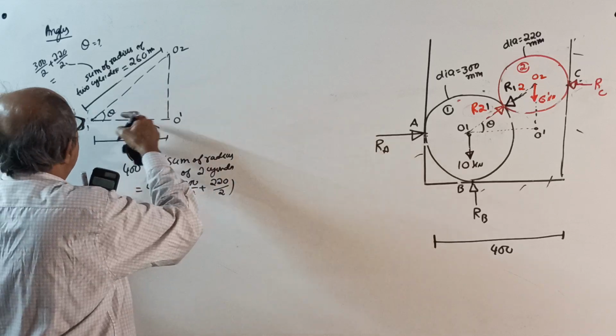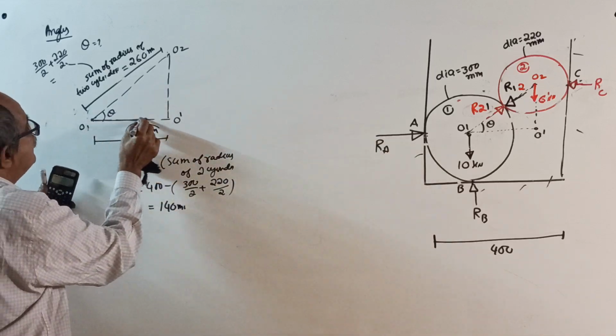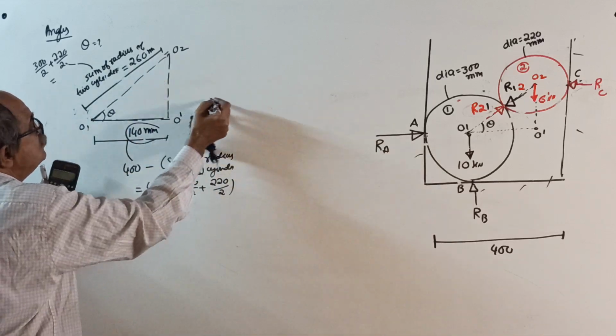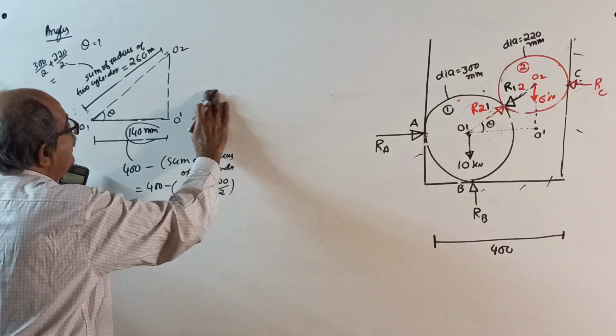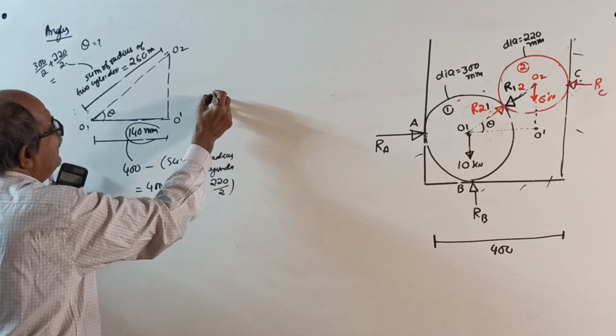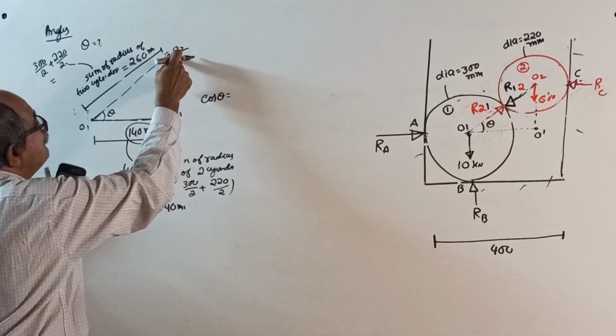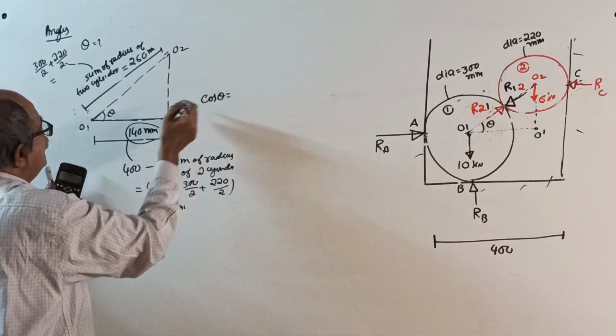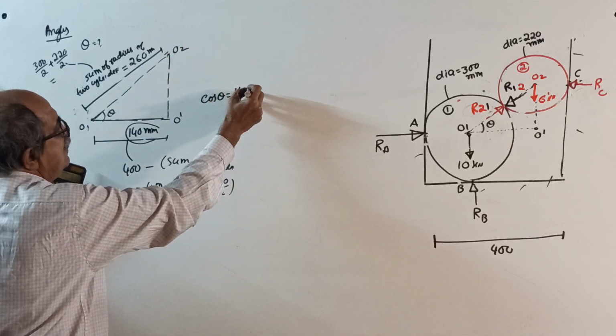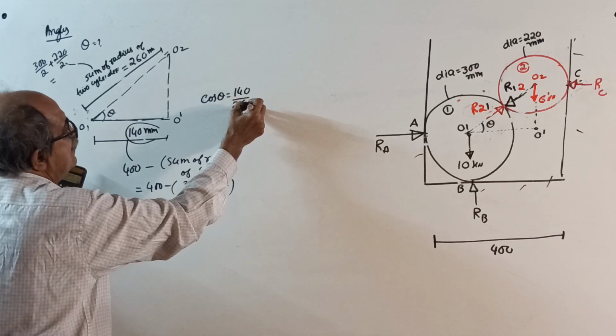Over. Now you know this length. Use sin theta. Not sin theta, sorry, you should use cos theta. Common sense. Don't waste time finding this one. Cos theta equal to 140 divided by 260.